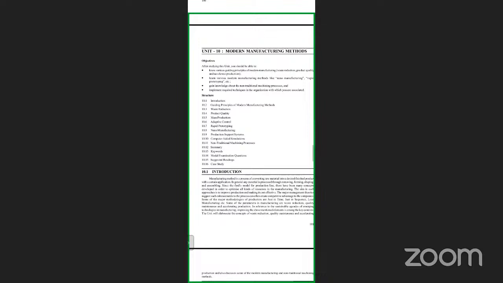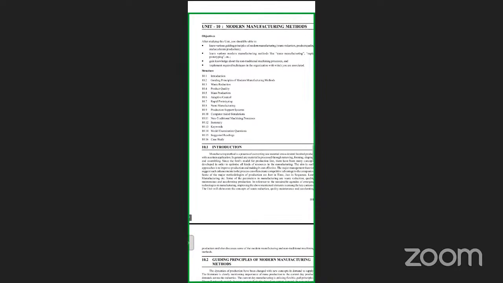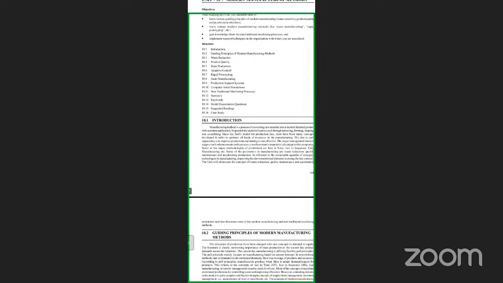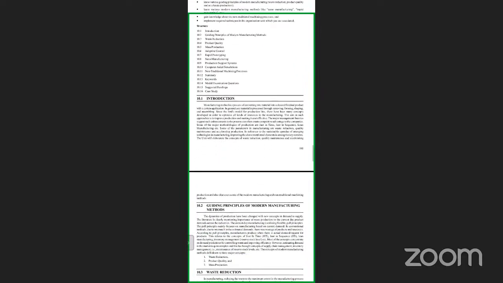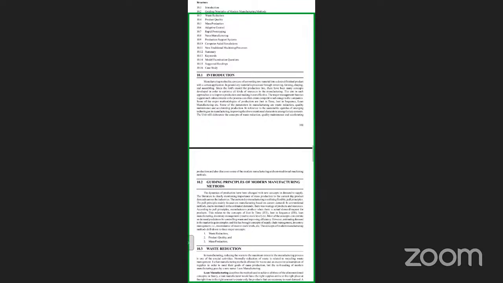The modern methods are nano manufacturing, production support systems, computer aided simulations, adaptive control, mass production, product quality, and waste reduction. So all this comes under modern manufacturing methods. Let us understand what those modern manufacturing methods are.